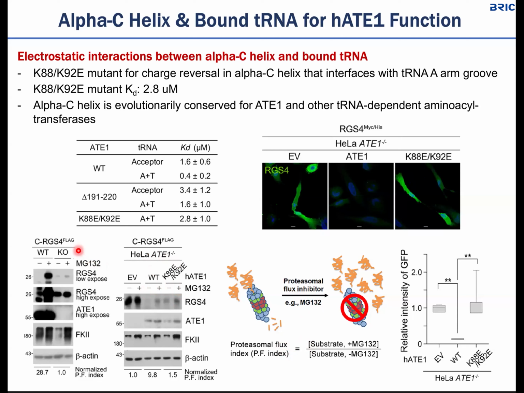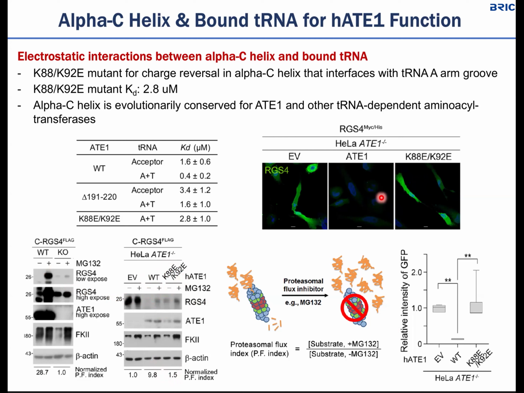And as you can see, AT1 knockout cells exhibited no RGS4 accumulation post MG132 treatment, whereas wild type cells showed significant accumulation with a normalized PF index of approximately 29, and transient re-expression of wild type AT1 was able to restore this proteasomal flux index, while the RNA binding deficient mutant could not.